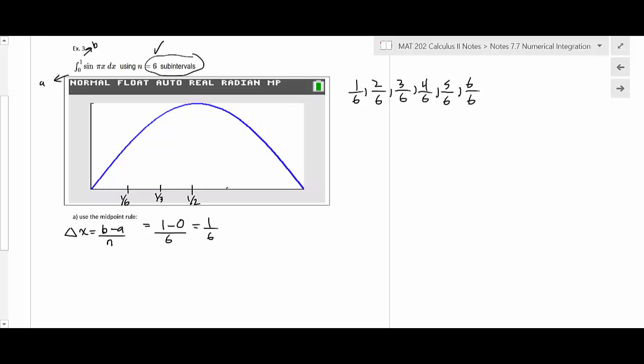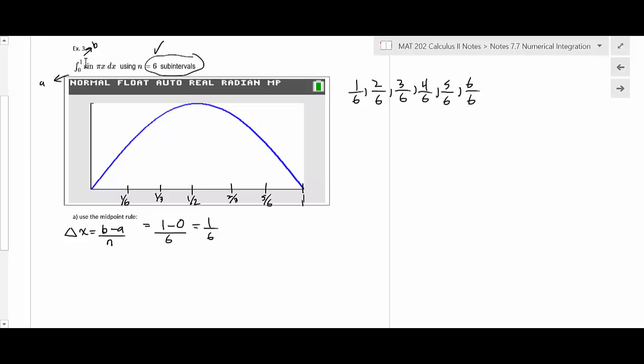Then 4/6 is 2/3. Then I've got 5/6, and then 6/6 is 1. So that's basically how we're breaking that up. When you're doing that delta x, you're just dividing that integral into 6 regions. Everybody with me there?